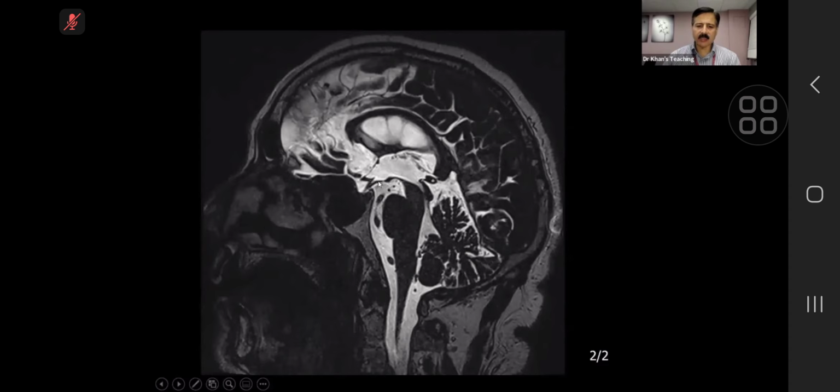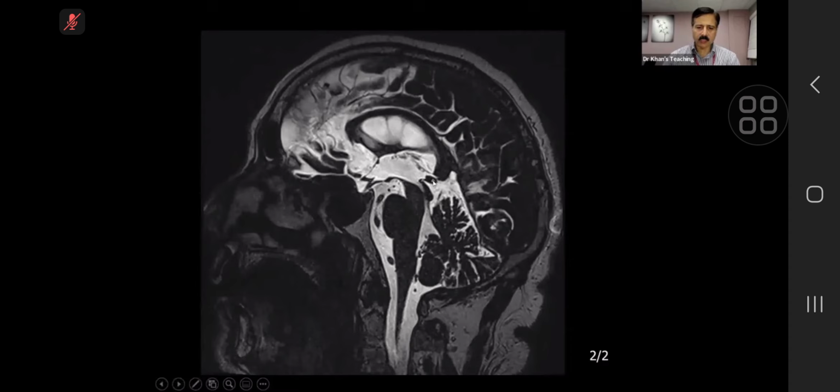I'll come back to hypothalamus, but posteriorly, what is here? What is this overall? That's the tegmentum area, and there is an aqueduct of Sylvius there. Excellent. So this is the midbrain. And this is the tectal plate, superior colliculus, inferior colliculus. What is this?